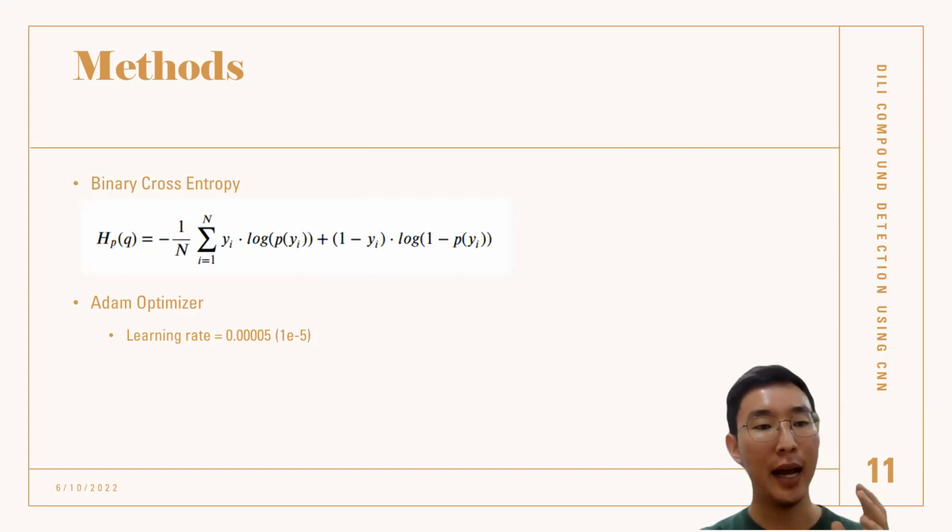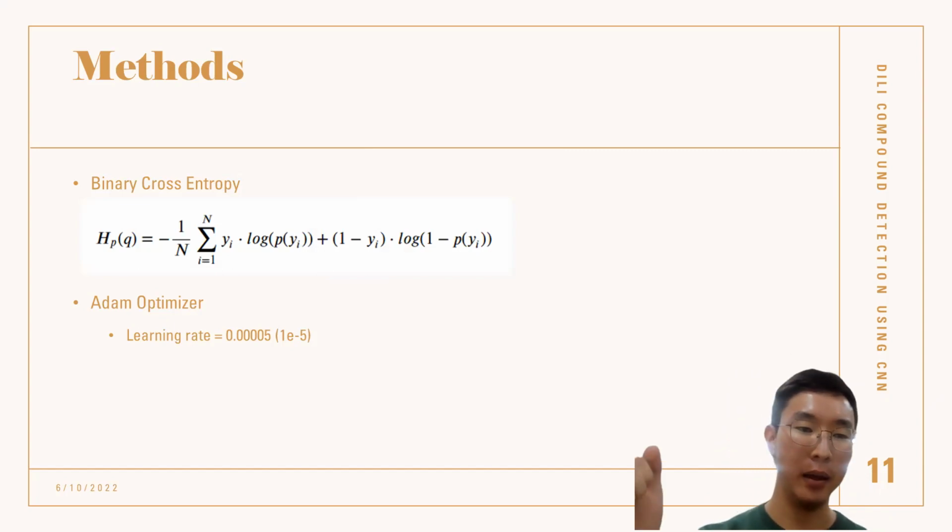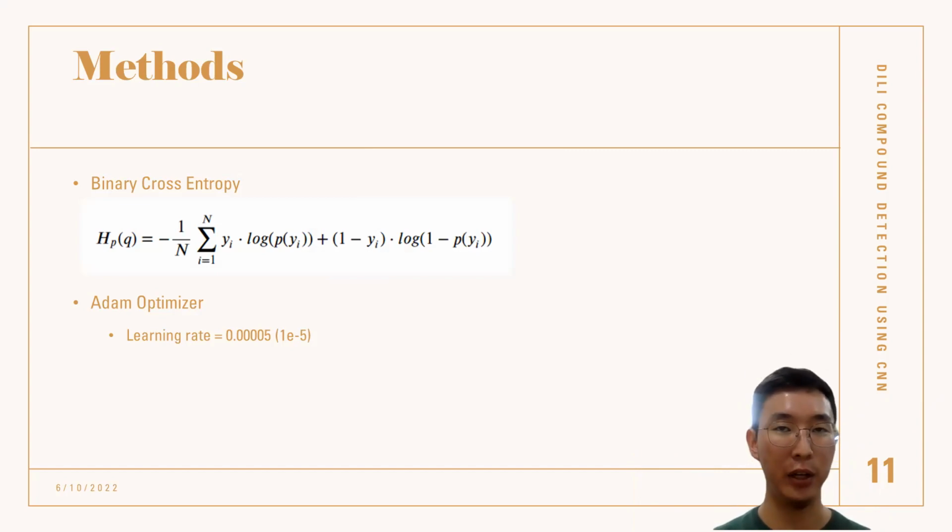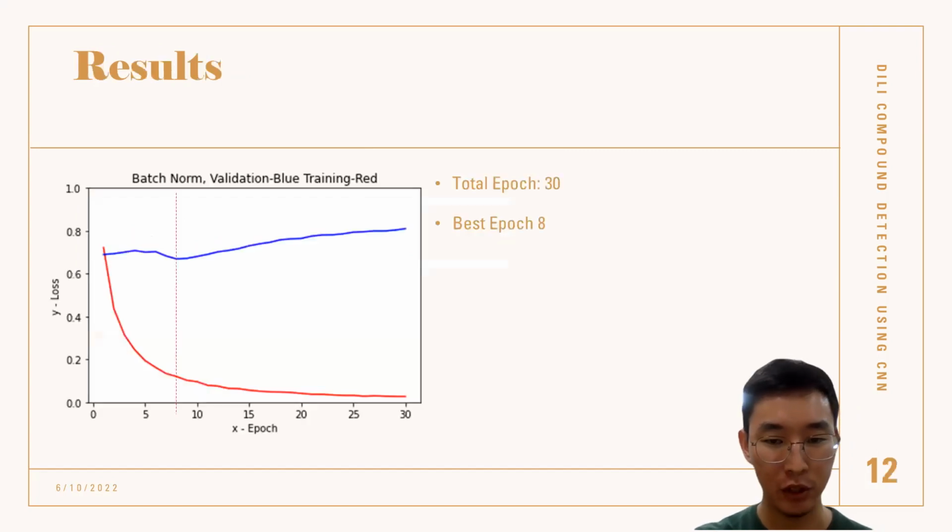For the learning rate, I found that 0.0005 or 1 to the power of 10 minus 5 were the best, as anything more than this value was leading to overfitting, and anything below was leading to an extreme amount of training time. Excuse my stuttering.